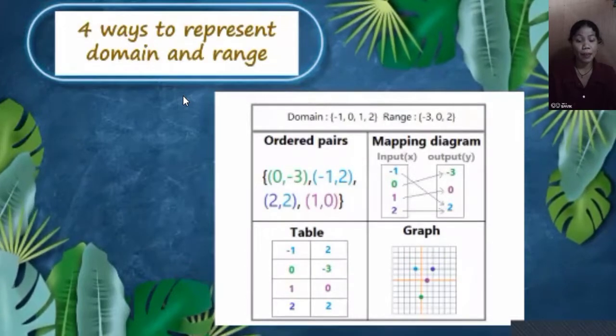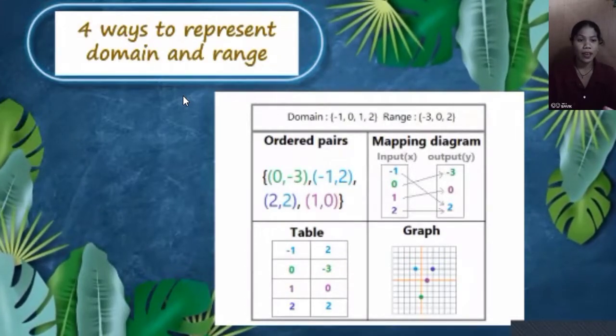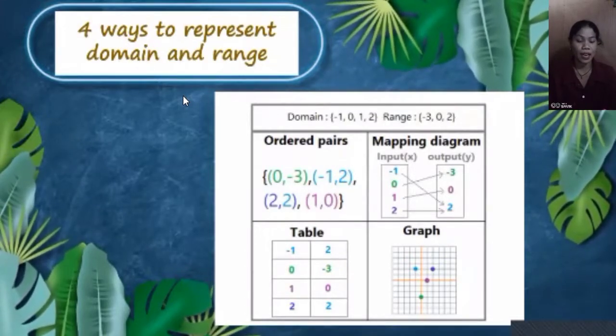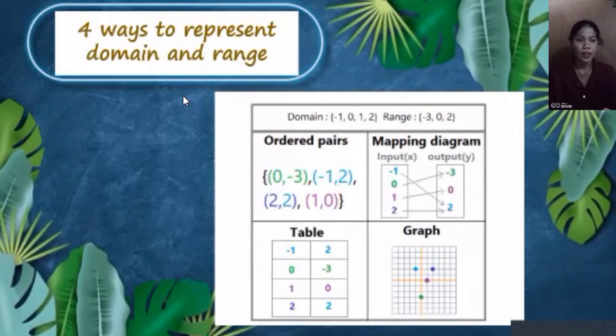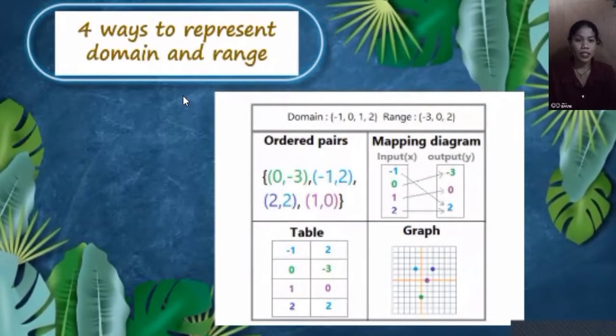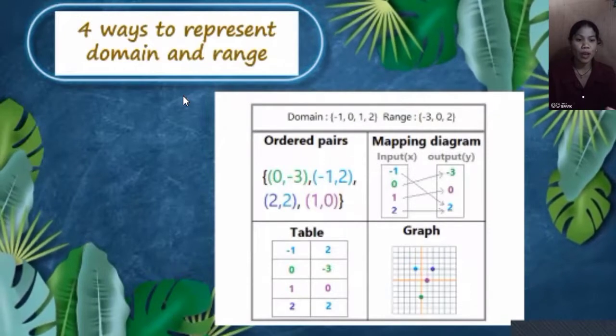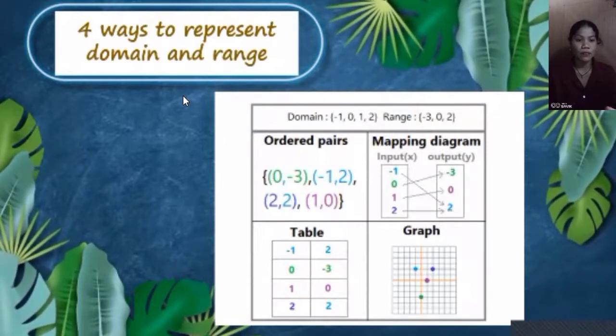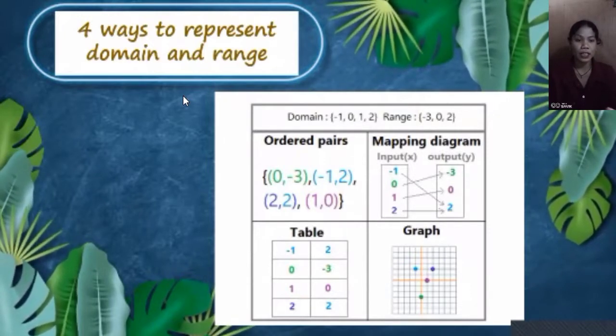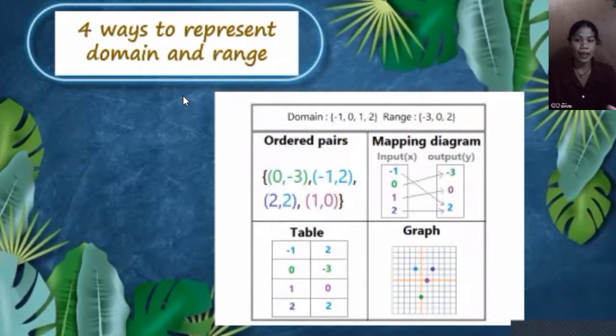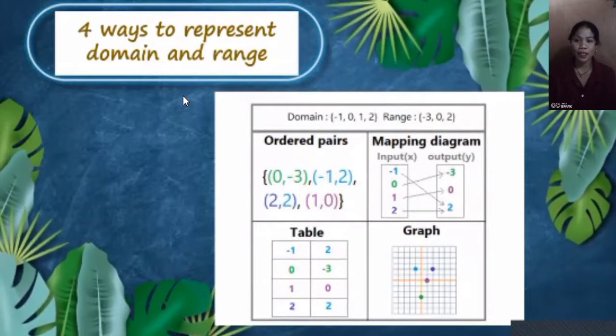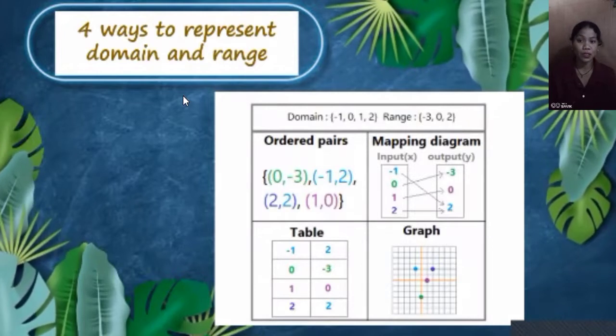The first element is the domain, and the second element is the range. So the domain here is 0, -1, 2, and 1, and the range is -3, 2, 2, and 0. When representing the domain and range as ordered pairs, there is no need to write the pairs in order.